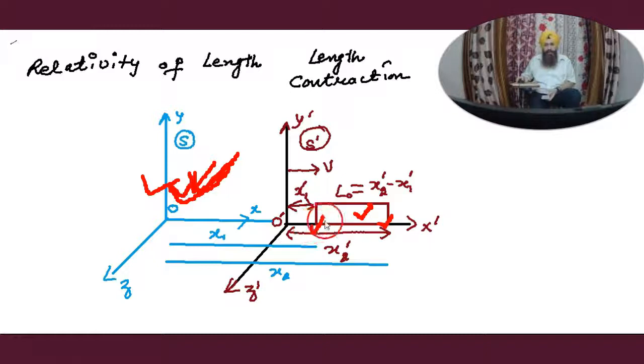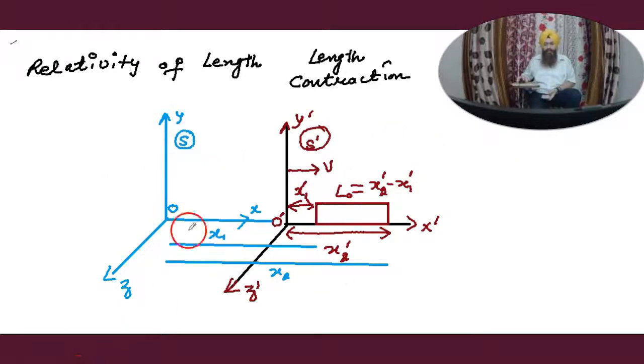No, you measure O to this point and O to this point simultaneously, x2 and x1, at the same time, and that length will be L, which will not be proper, because the rod is in the moving frame and you are outside it, so for you the length will be different.